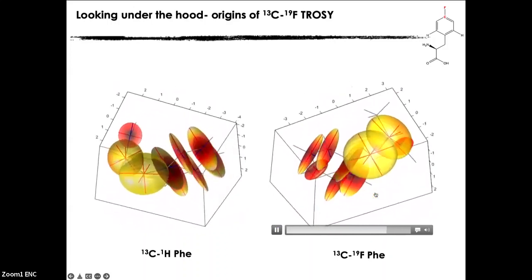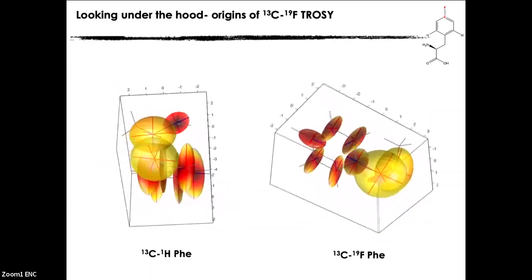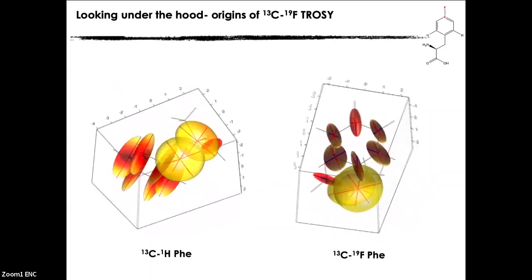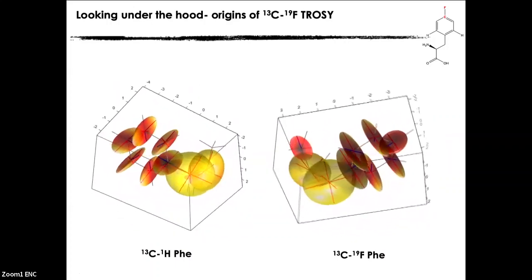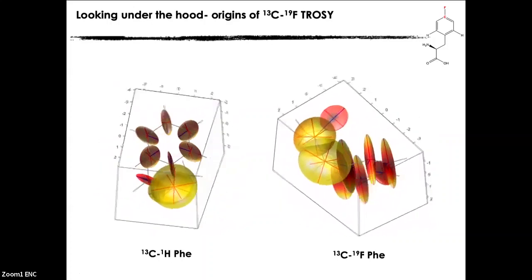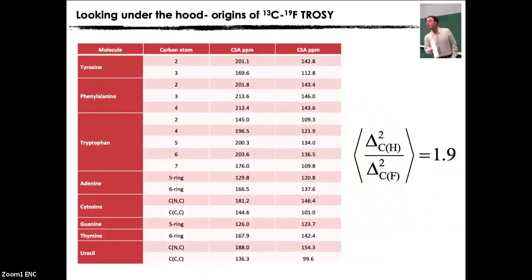So just by attaching the fluorine, you change the carbon CSA so much that even without the TROSY, your carbon relaxes slower. But when you add the TROSY, it relaxes very, very slowly. On average, if you take the square term of the CSA, that's how it appears in the relaxation equation, you get a factor of 2. Again, these are calculations that were done by Ilya.